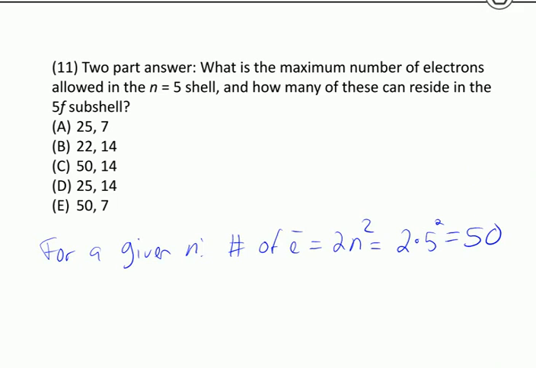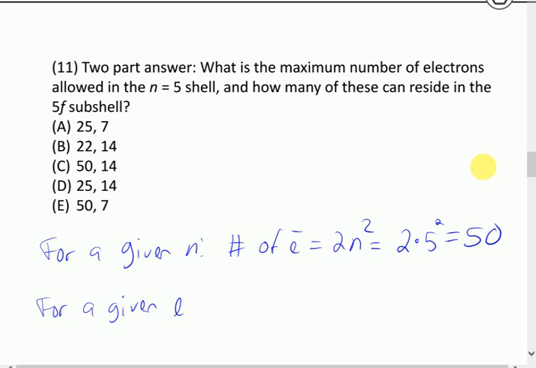But the second part of this question is, how many of those can be in the 5f subshell? So remember, the fifth shell is going to have 5 different subshells. It's going to have S, P, D, F, and then one other one, G, which electrons can go in all of those. We want to know how many of those go into 5f. And here we have a value of L. And again, the number of electrons is 2 times 2L plus 1.